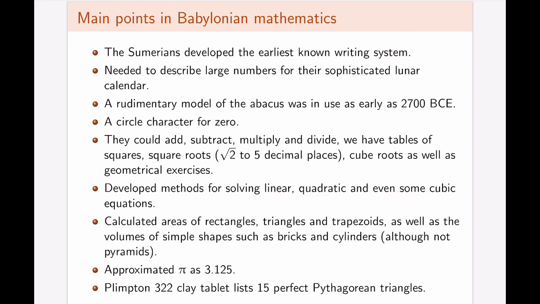They were able to calculate a variety of areas. They were able to approximate pi with high accuracy, and were very aware of Pythagorean triples that have the name of the Pythagoras that came centuries after the Babylonian mathematics already discovered the importance of these numbers.